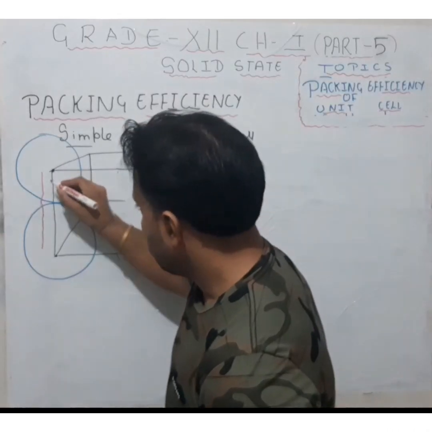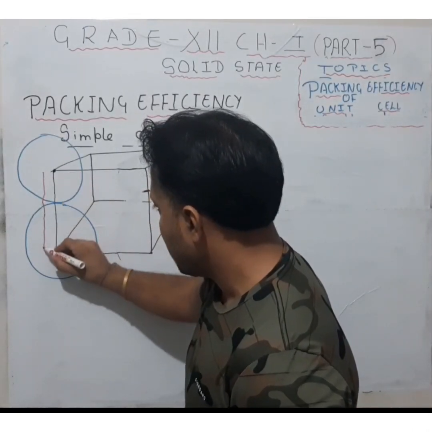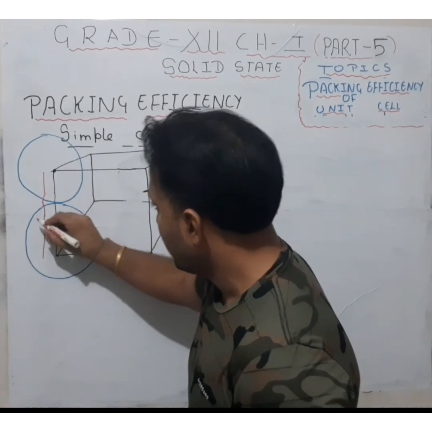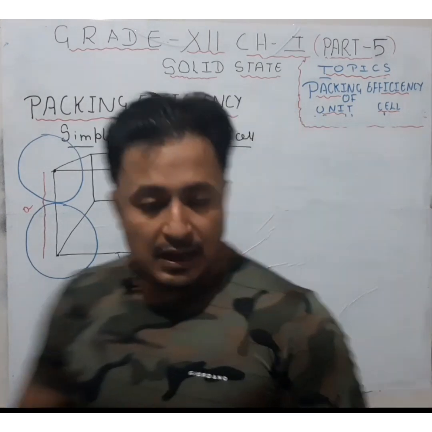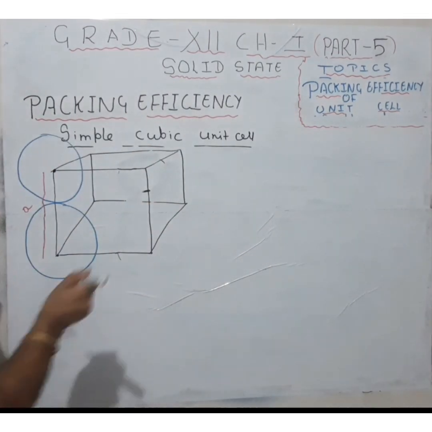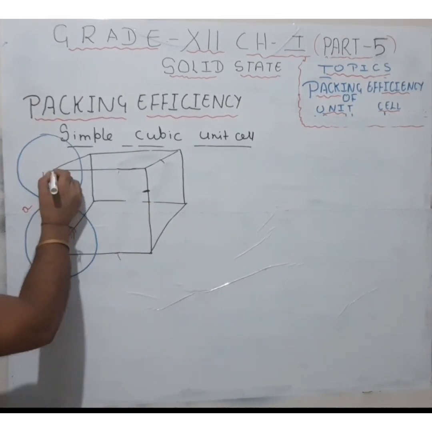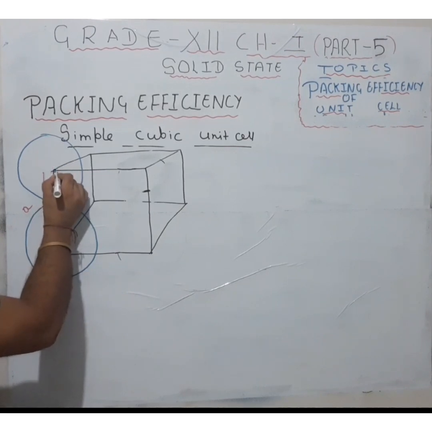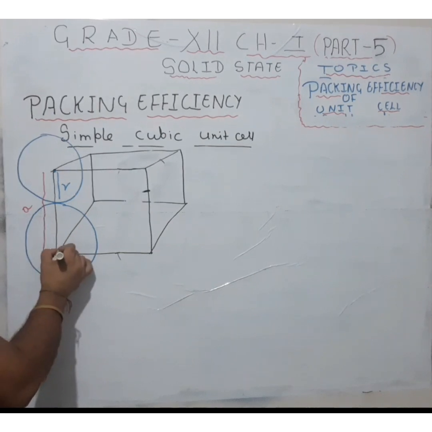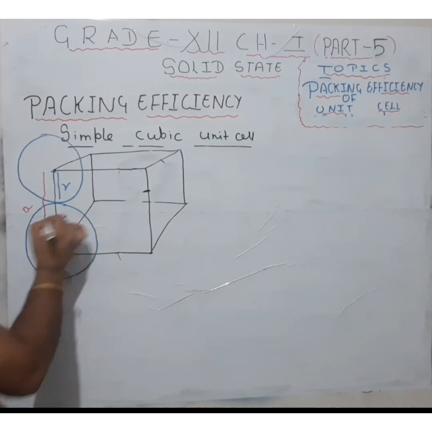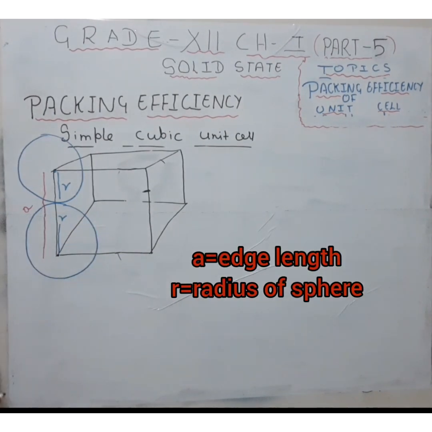This is the edge length of the cube, which we denote as A, and the constituent particle will have some radius. So we consider this radius as R, and the same for the other constituent particle, R. Now why are we doing this?